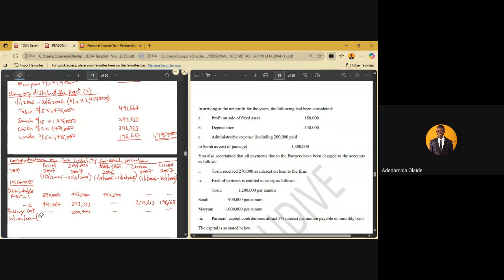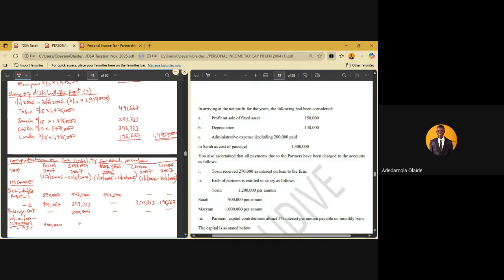I'll gross it up because they did not give me what they put in their account. Rather, they gave me what they pay. So we'll say interest on loan 270,000 divided by 0.95. So that's that.